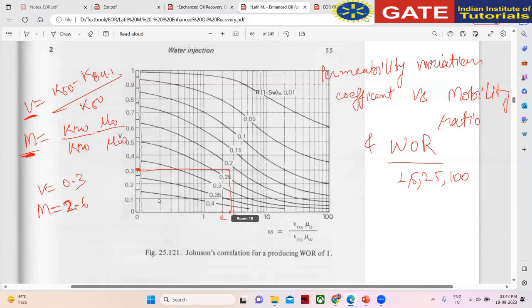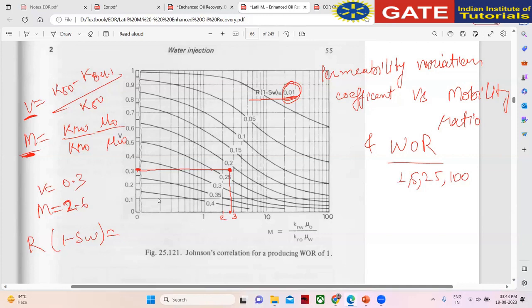Okay. So that point will be your, so there the equation is given here. So R is equal to 1 minus SW and this value is at that point where your mobility ratio point and permeability variation coefficient line intersect each other.